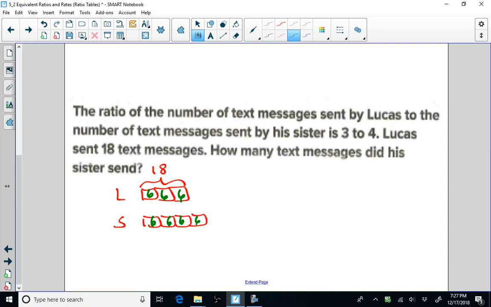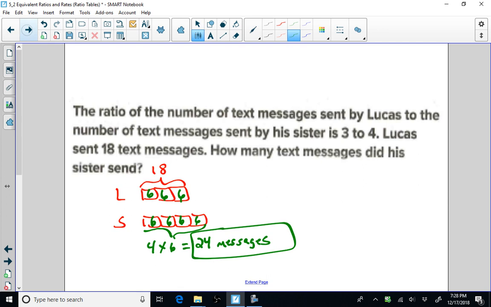So if the unit is 6, how many text messages did his sister send? Well, his sister sent 4 units of 6, or 24 messages. 24 messages for his sister.